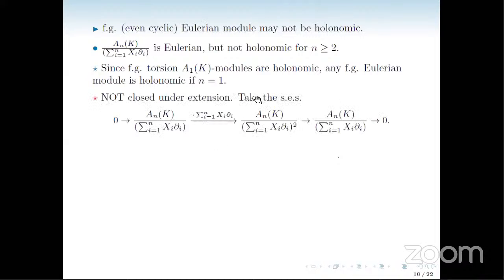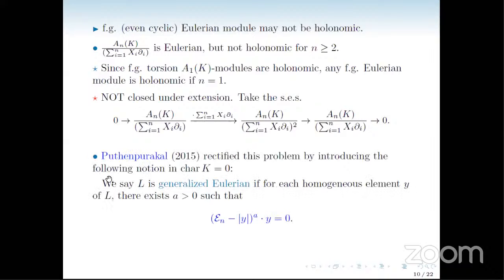But the issue with this class of modules is that they are not closed under extension. For example, if we take the short exact sequence, then one can clearly see that the modules on the sides are Eulerian, but the middle one is not Eulerian, since this Euler operator does not lie inside this ideal. To rectify this problem, Puthenpurakal introduced a new notion, the notion of generalized Eulerian modules in characteristic 0.